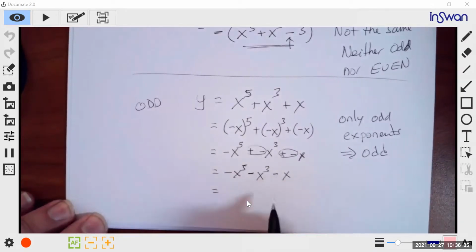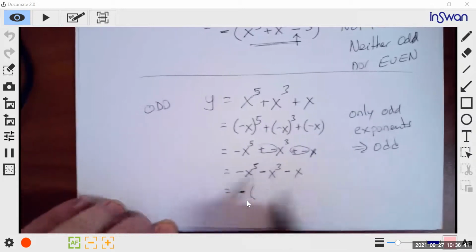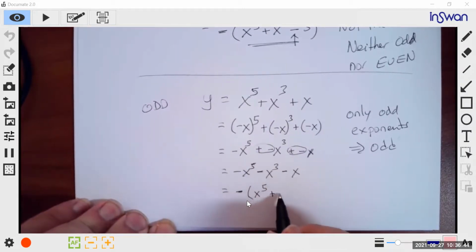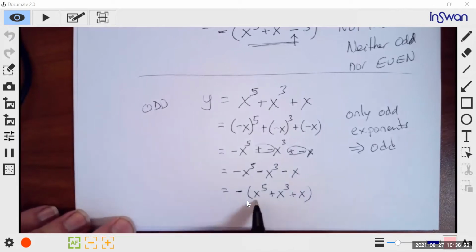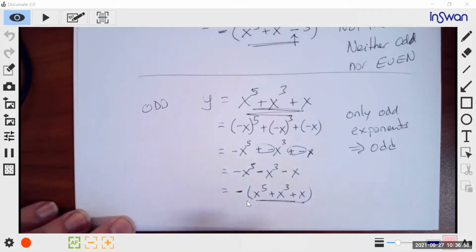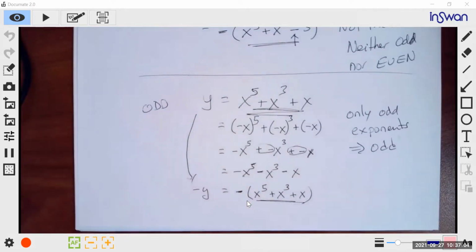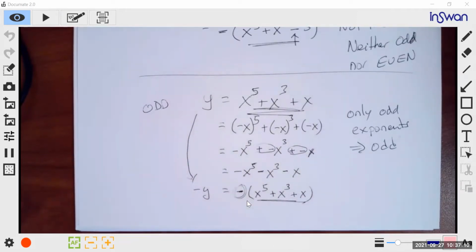Now, since they all have the same sign, we can factor out the negative sign, which means we change everybody's sign inside there. What's inside the parenthesis matches the original equation, but it has a negative in front of it. So it goes from positive to negative y because of that negative in front.